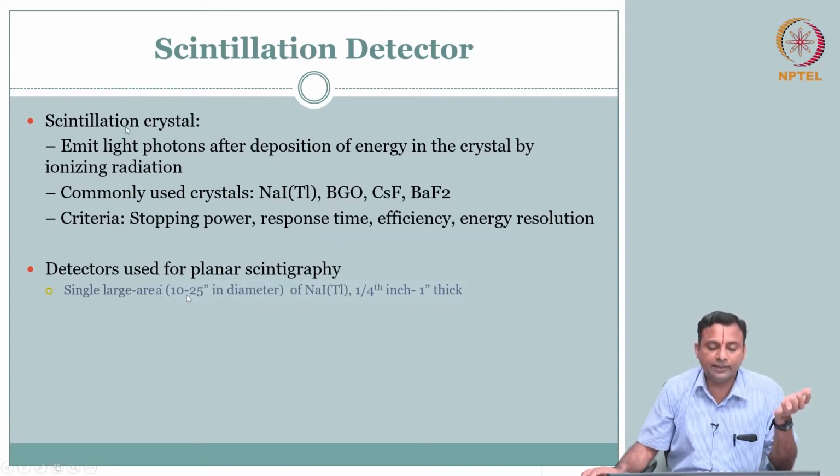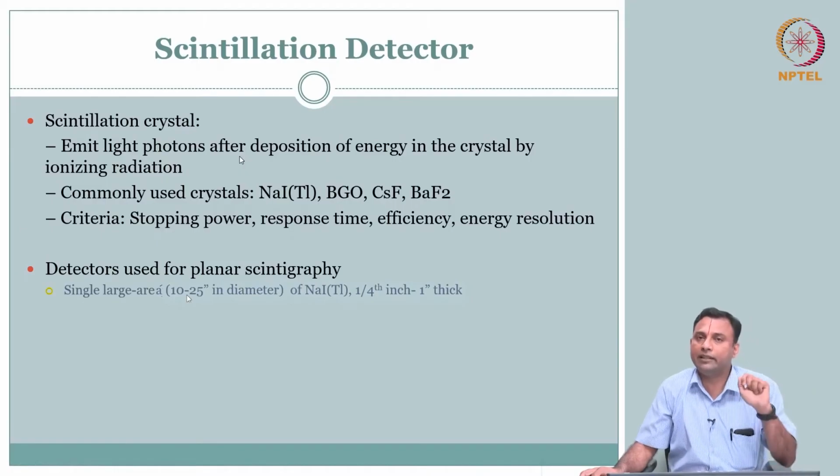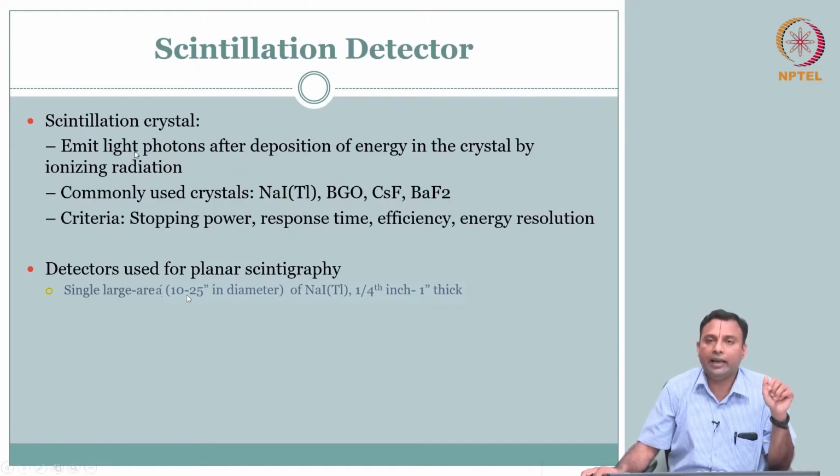So here in the scintillation crystal, for every gamma ray, ionization takes place and it gives out energy in the form of light photons. Okay. Some of the commonly used crystals are sodium iodide.